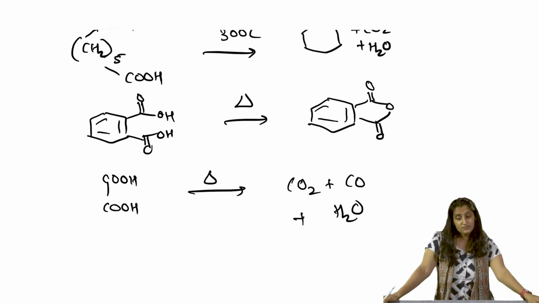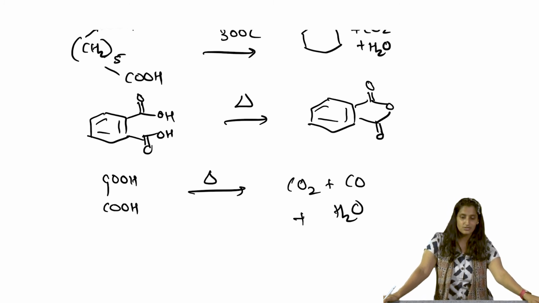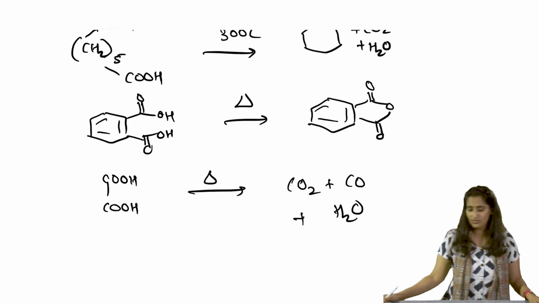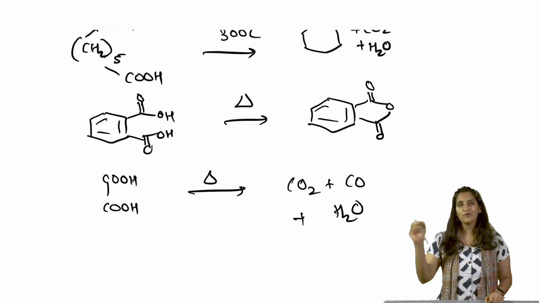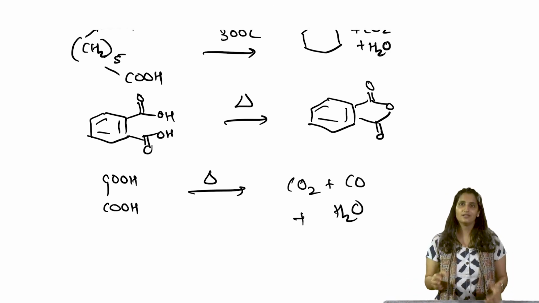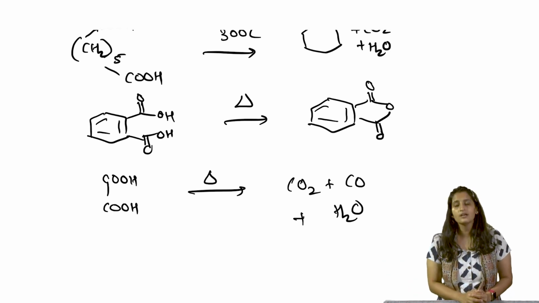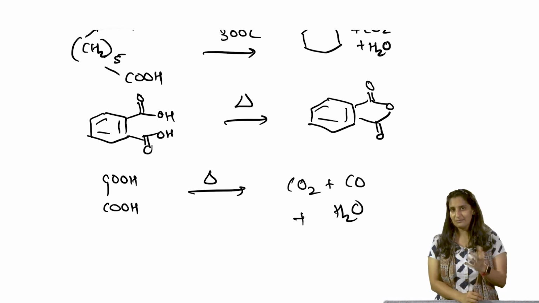One more reaction of dicarboxylic acids is the Dieckmann condensation, which we are covering in the next few chapters. It is again a cyclization reaction. I will just write down a note here that when you go over Dieckmann condensation, I think in week 7, do remember it is a name reaction.